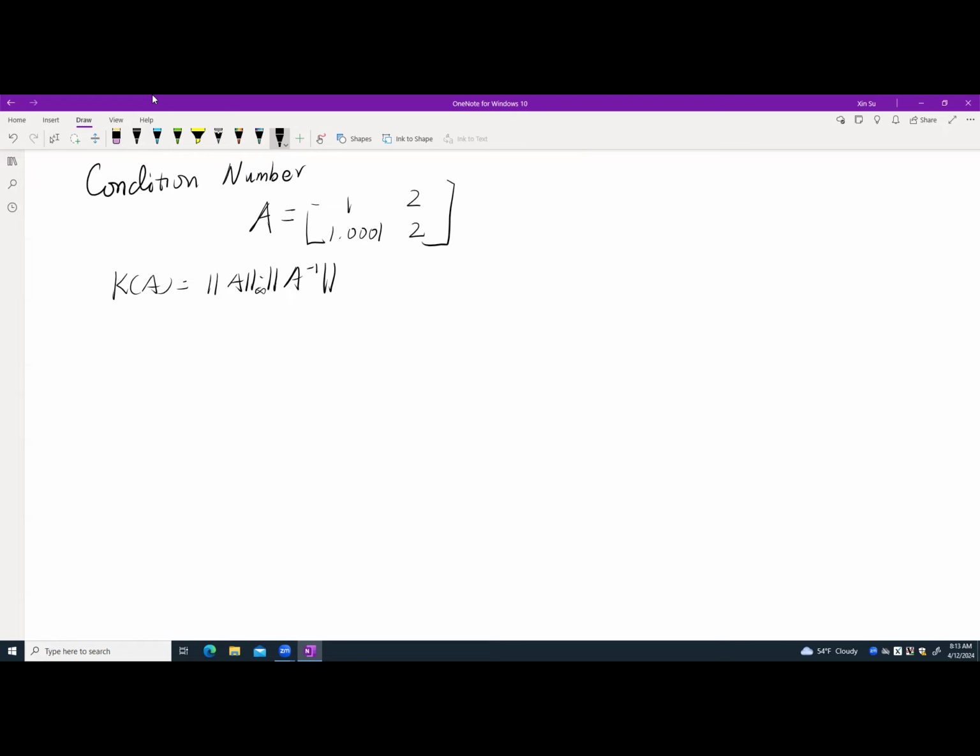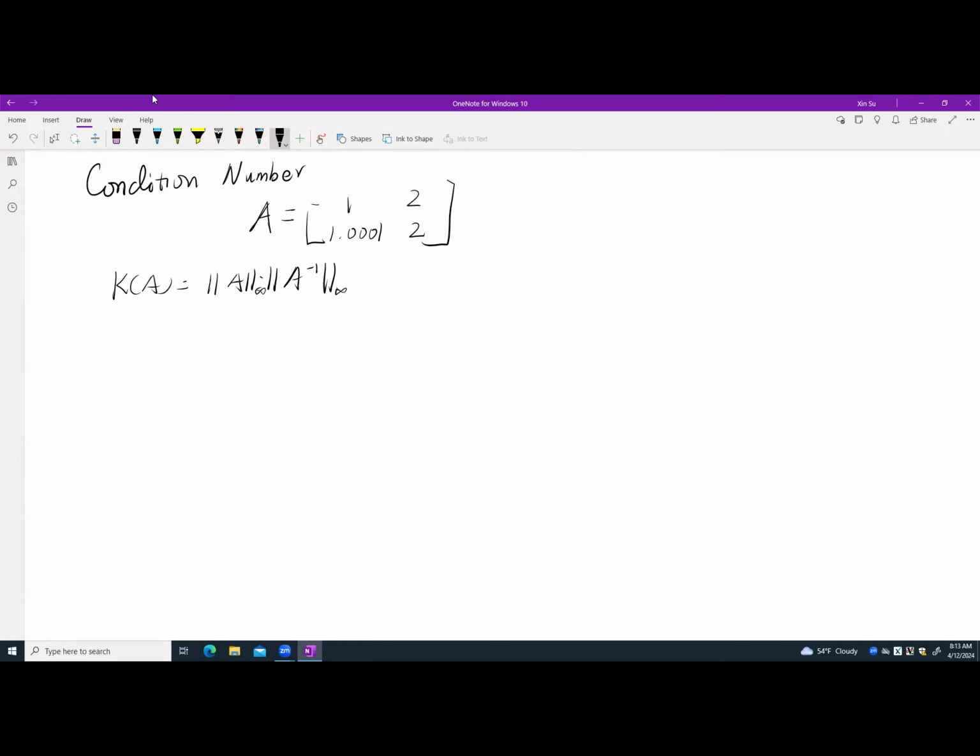As I mentioned in the last quarter, for the infinity norm, you will see the sign is horizontal. So what we are going to do is do the sums horizontally and take the maximum among the values we get. So this is horizontal. This is different from the one norm.